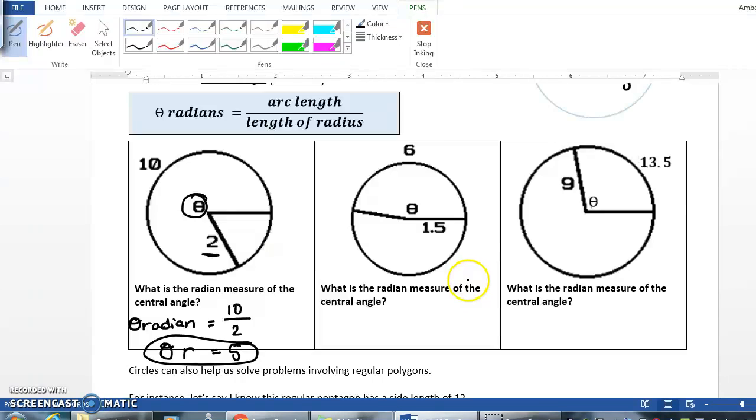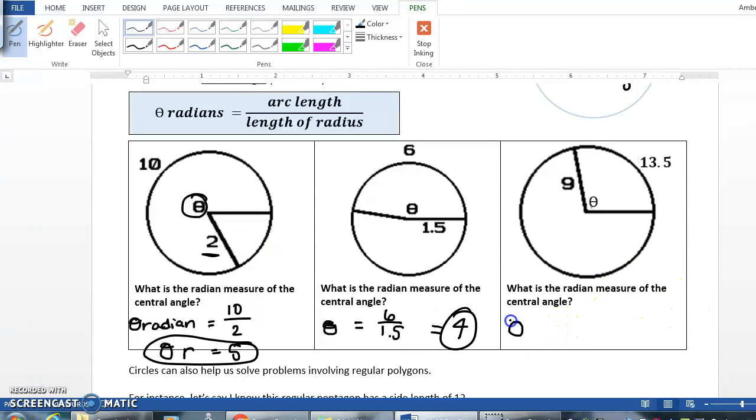And that's it. So again, you're going to have these formulas. So as long as you understand what it's asking for and you can plug in those numbers, you should be fine. Okay, so the radian measure is equal to the arc length, which is 6, divided by the radius, which equals 4.